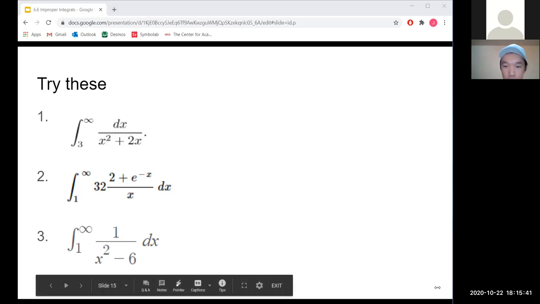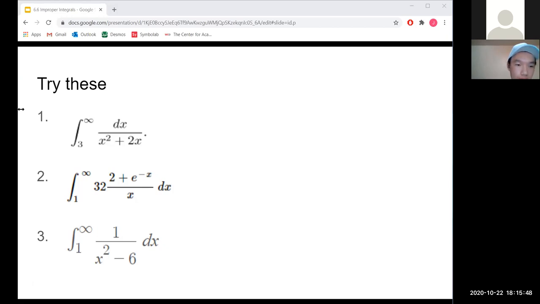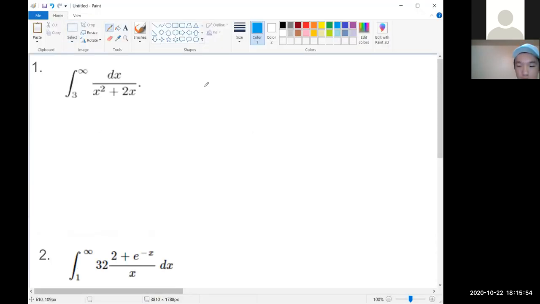All right, let's go over that. Okay, so for the first one, what's the next integral to compare it to? One over x squared. Yes.